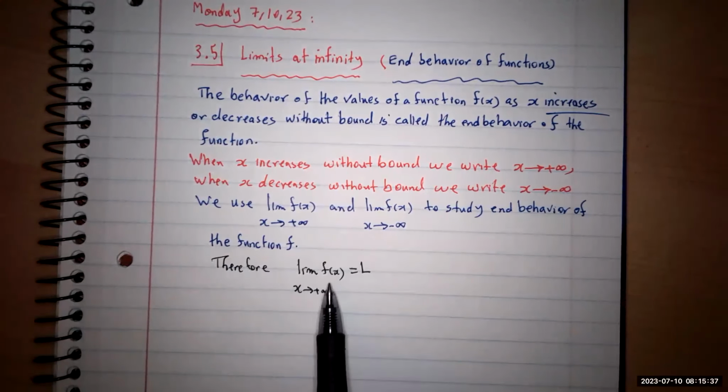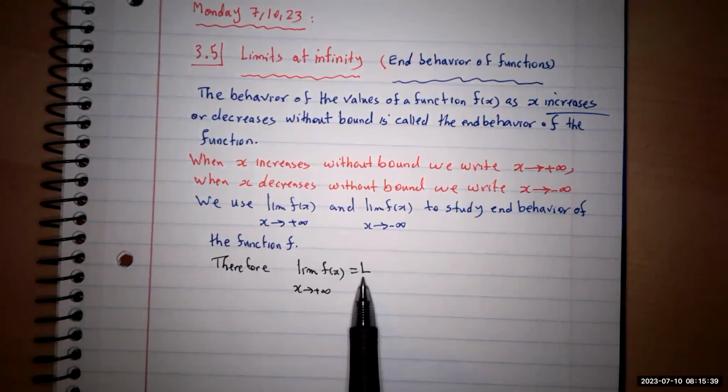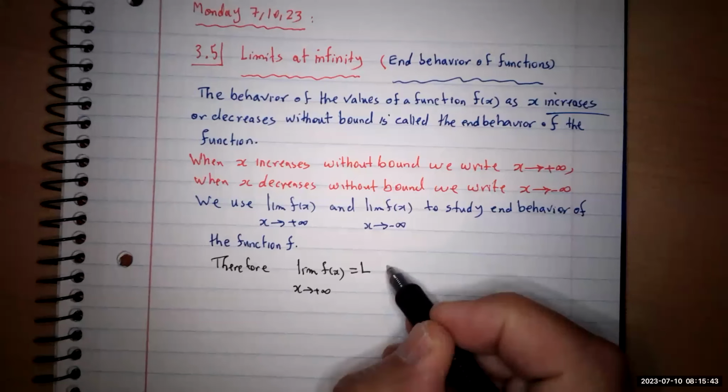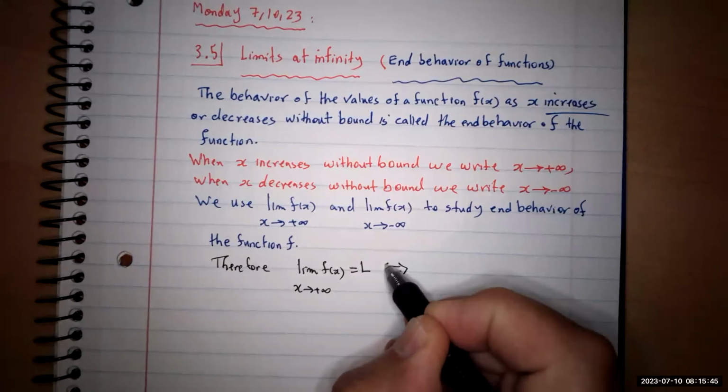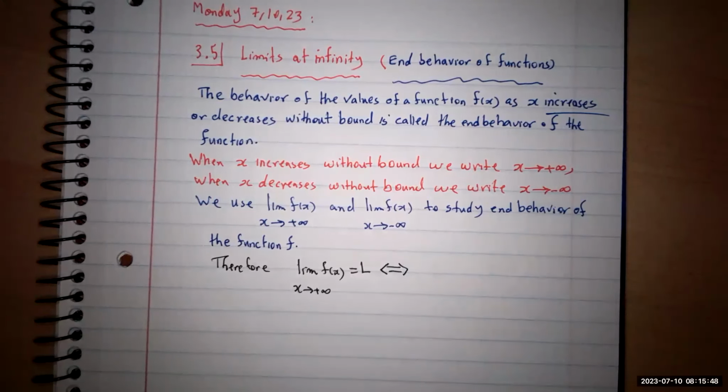This means the values of f of x can be estimated by L when x increases without bound. So the same things you talked about before for the limits can be applied.